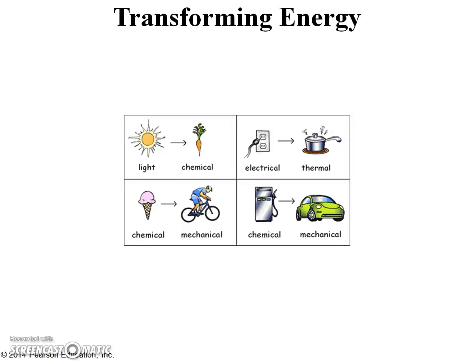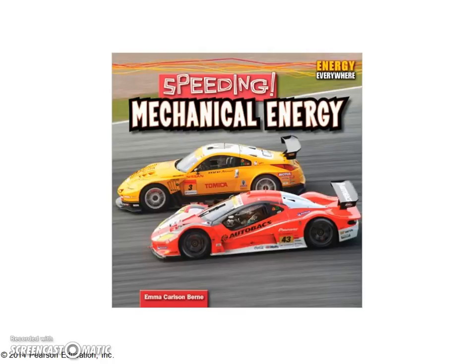In each case, energy is not created nor destroyed, but just transformed into a different type. The type of energy we're going to analyze in this chapter is mechanical energy.